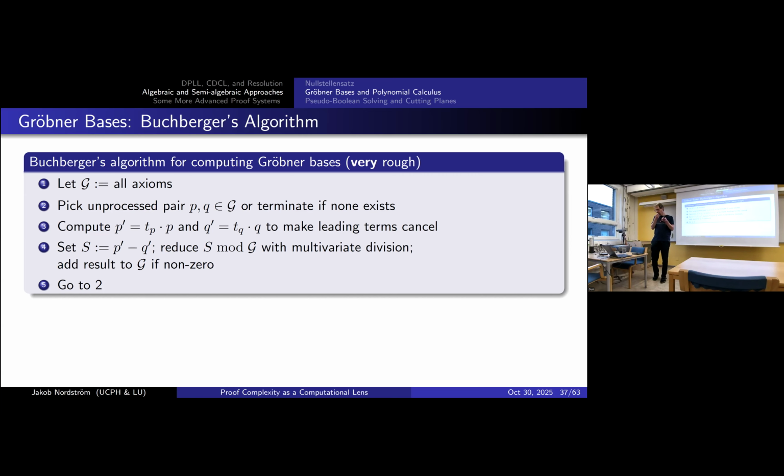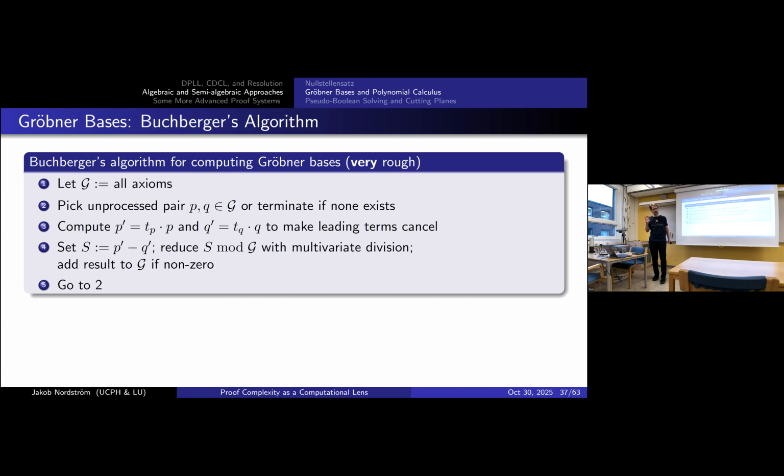So you multiply P by some term TP and Q by some term TQ, so that the leading terms of these new polynomials cancel. Okay, so you multiply P by TP to get P prime and Q by TQ to get Q prime.